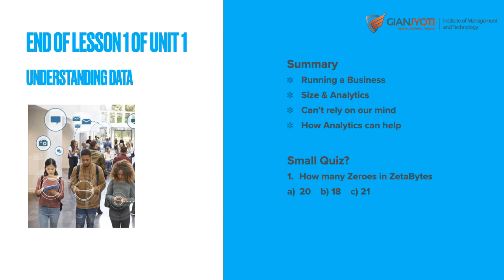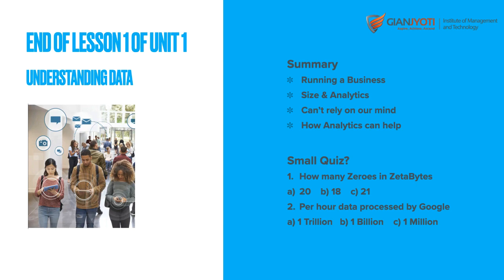My second question is, per hour data which is processed by Google, is it 1 trillion? Is it 1 billion? Is it 1 million? So I give you some time to answer the two questions.